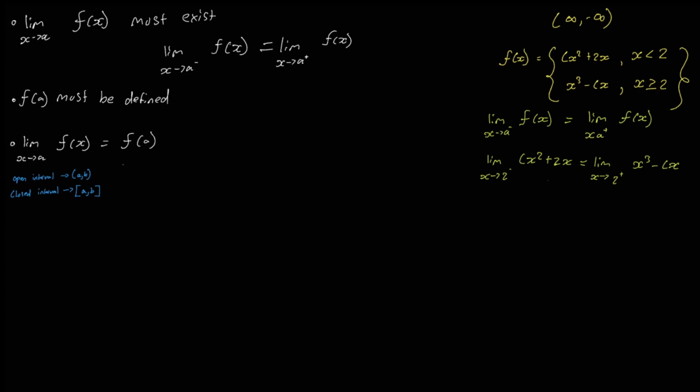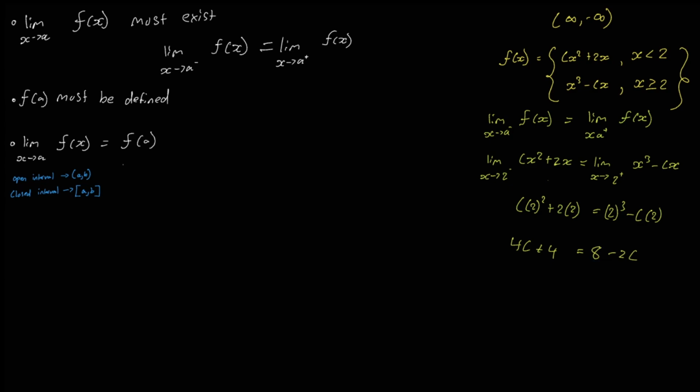So we'll put 2 into our functions and we get c times 2 squared plus 2 times 2 is equal to 2 cubed minus c times 2. We can see where c times 2 squared is 4c, 2 times 2 is 4, and then that's equal to 2 cubed is 8, and then 2 times minus c is minus 2c.